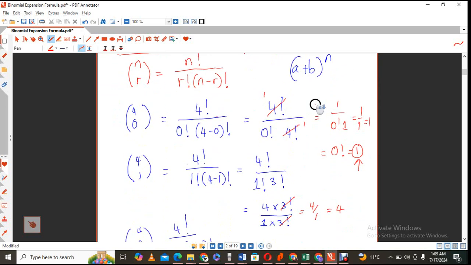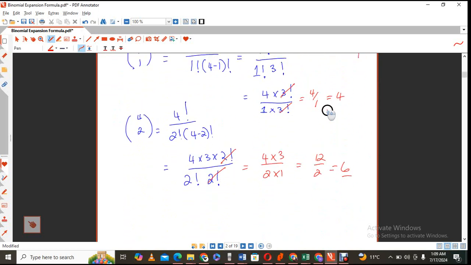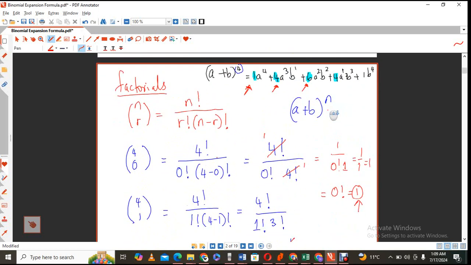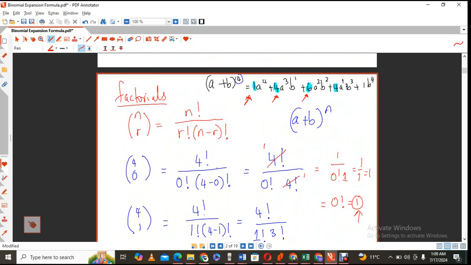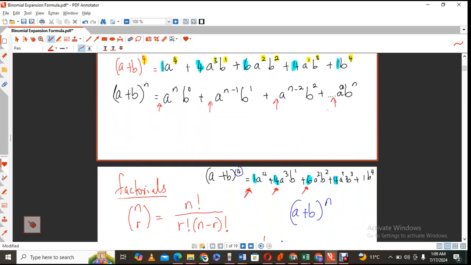And so I have found a new way to find those coefficients without me having to use Pascal's triangle. So I have to complete my formula over here. So here is going to be n choose 0, which we can go ahead and write like so.